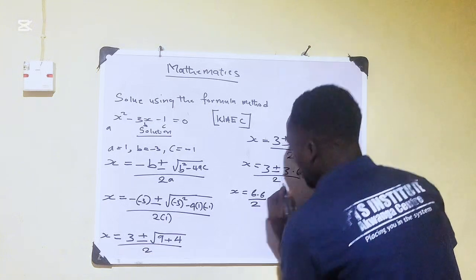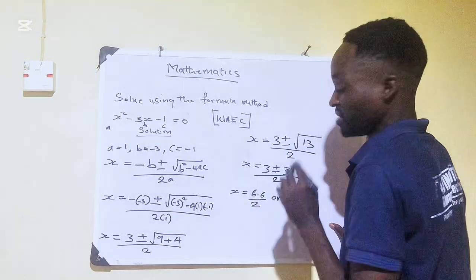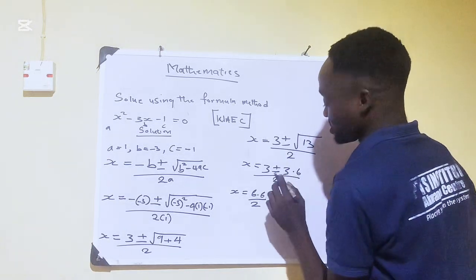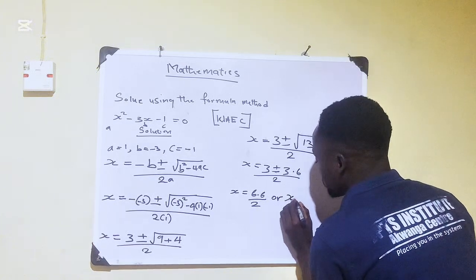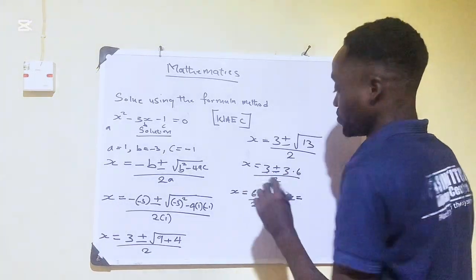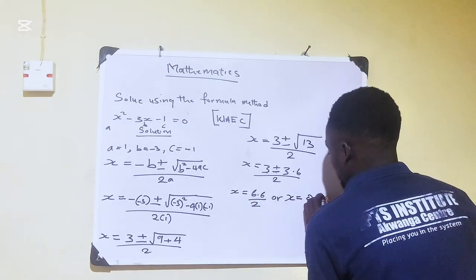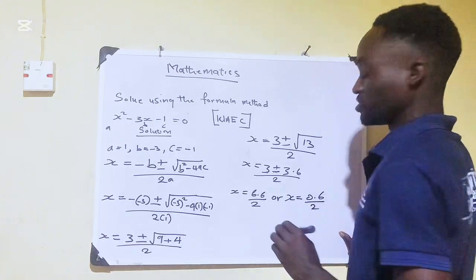Then the next one will be 3 minus 3.6, because the first one we took 3 plus 3.6, now we take the minus. So you write x is equal to 3 minus 3.6, which gives you minus 0.6, all over 2.